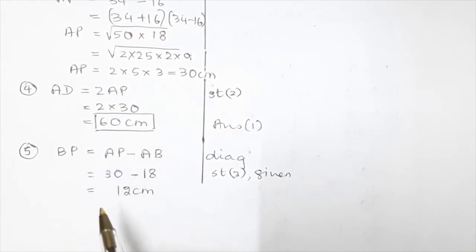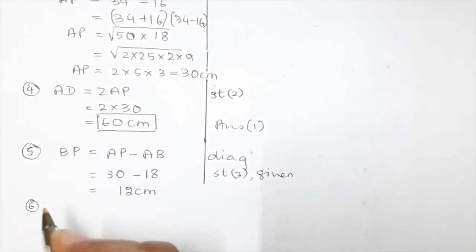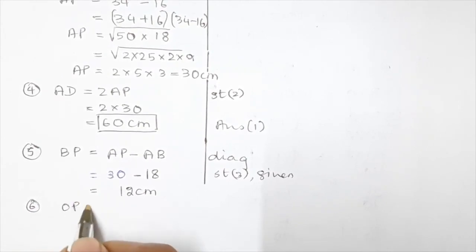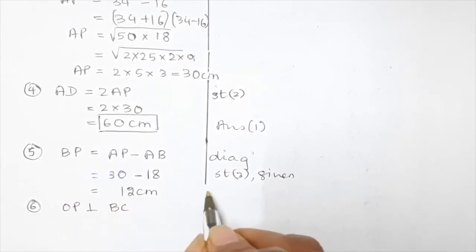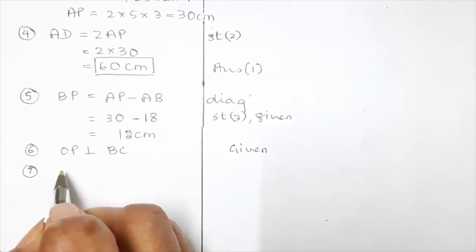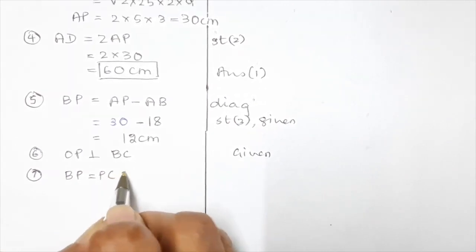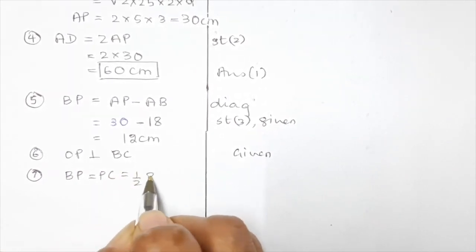Now if you look at your diagram, you will see that OP is perpendicular to BC as well. So let us write it: OP perpendicular to BC, and here it is again given. So the seventh statement will be BP equal to PC equal to half BC.